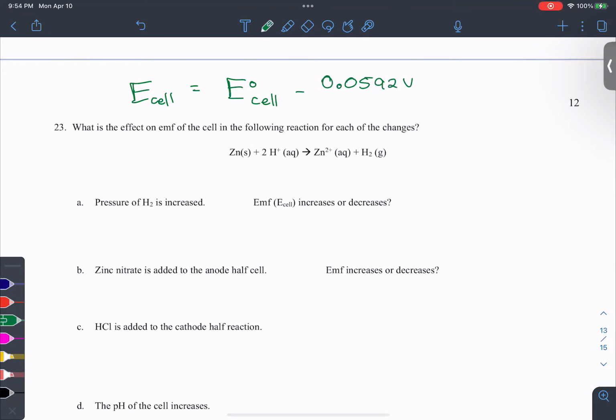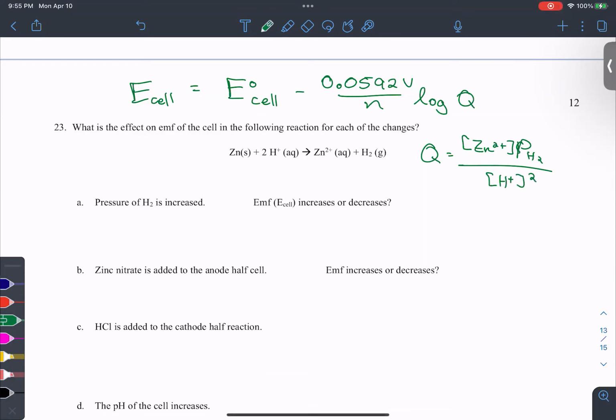I don't quite remember what the equation is. Yeah, that's right, over n log Q, where Q is the same as K in this case. So we could look at our Q expression. Q is concentration of zinc 2+, pressure of H2, zinc solid's not in the equation, H+ concentration squared.